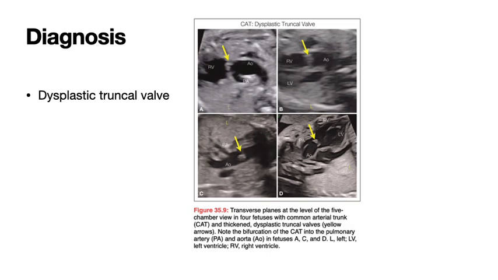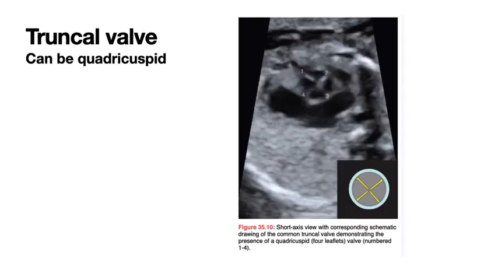You can see them in systole. And it's a common characteristic of a common arterial trunk, which is that it's got a conotruncal valve, but it doesn't work very well. Sometimes one of the things you can see is the truncal valve that has 4 cusps instead of the typical 3.